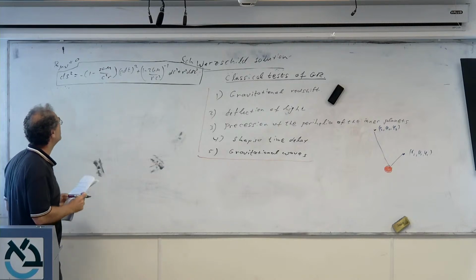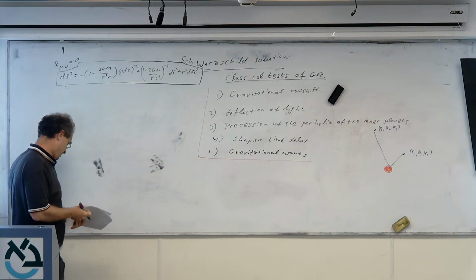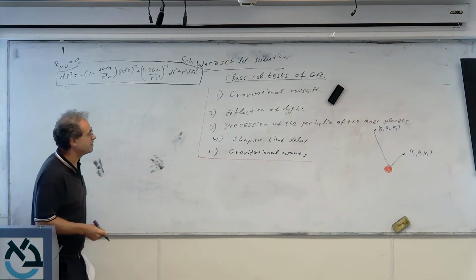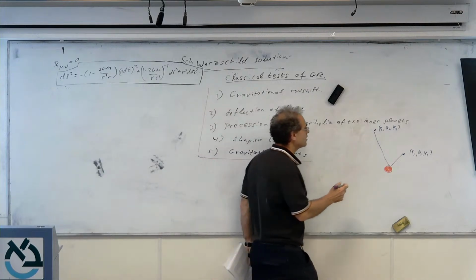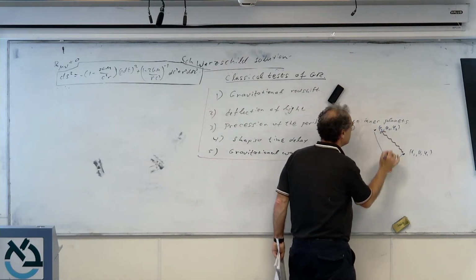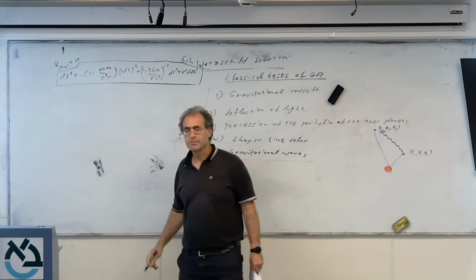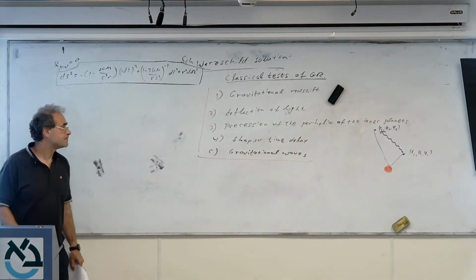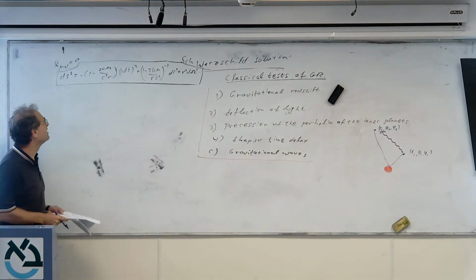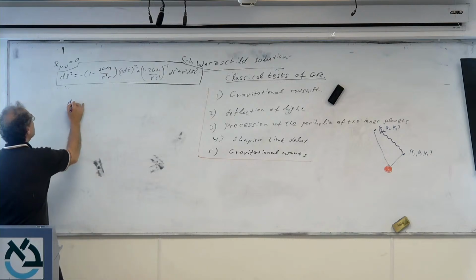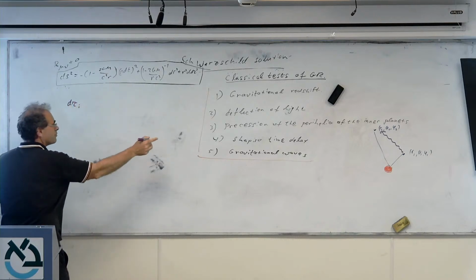Now, if the first observer sends a signal to the second observer, what is the d tau over dt for observer 1 or 2?